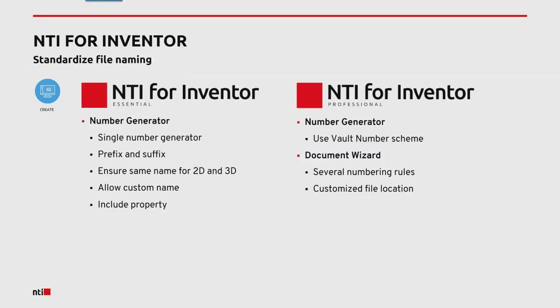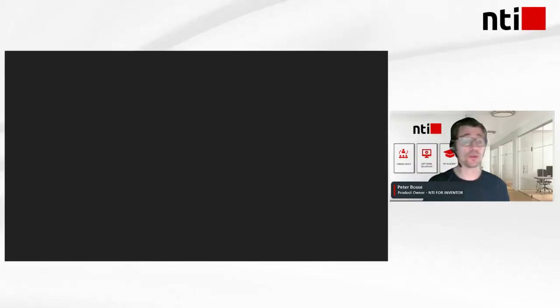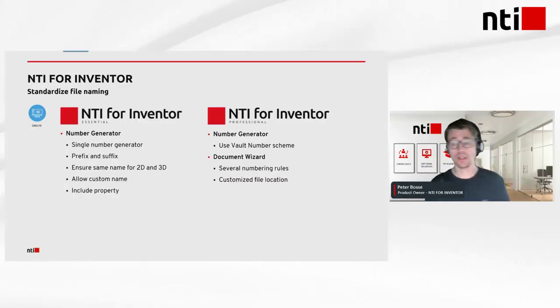The next thing we have in our portfolio here is the ability to standardize file naming. We have something we call the standard number generator, and it appears in both the Essential and the Professional version. So we are able to get a number from a number counter, and every time you hit save, you're able to draw a new number.